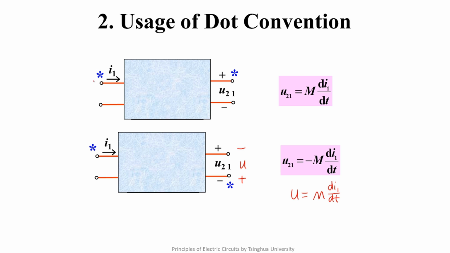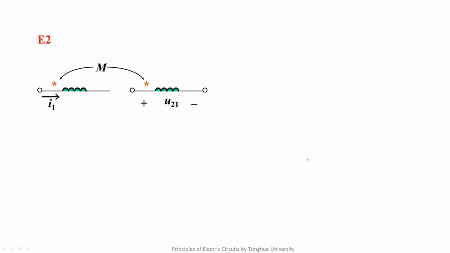Specifically, when the current of a coil flows into the dot, and the direction of the voltage across another coil is from the dot to another terminal, then the induced voltage is M dI1 over dt. Of course, if the direction of the voltage across another coil is from non-dot to dot, then the induced voltage is negative. Well, we do two exercises.